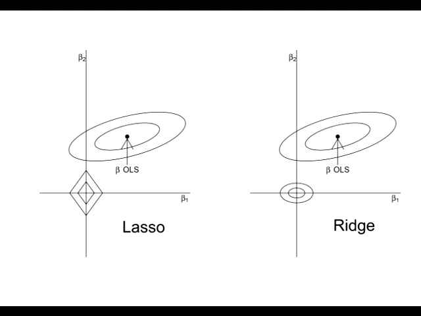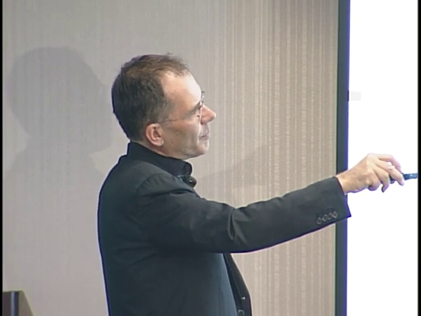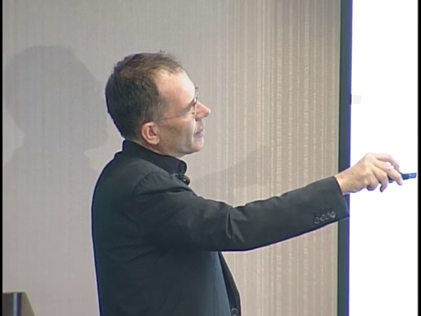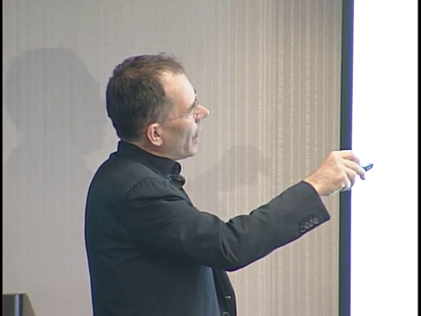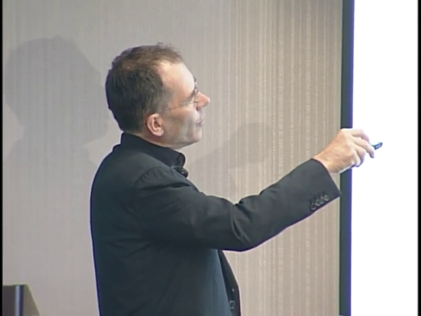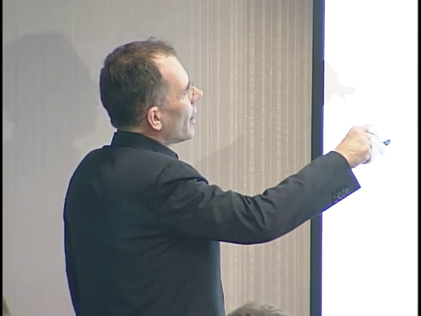We look for the closest value to the OLS estimates that is within this circle. In general, that's going to be somewhere away from the points where one of these coefficients is equal to 0. When we do the same thing with Lasso, restricting the coefficients means we're restricting them to these rotated squares. Now the closest value to the OLS coefficients may be on one of these edges, but in many cases, it's going to be on one of the axes where you set some of the coefficients exactly equal to 0.